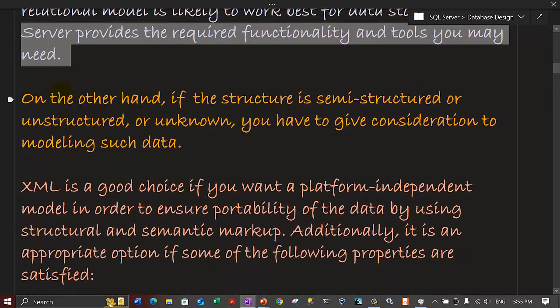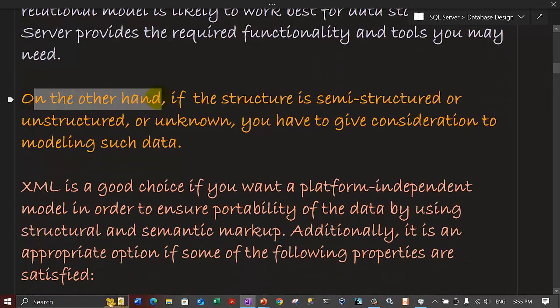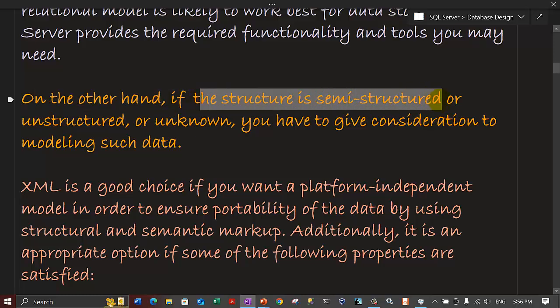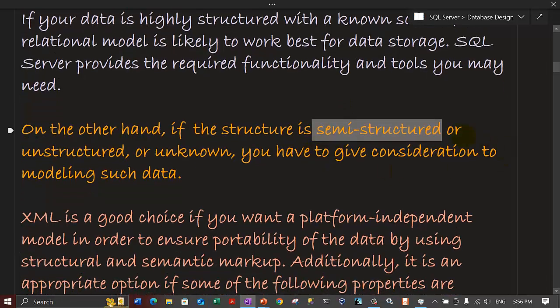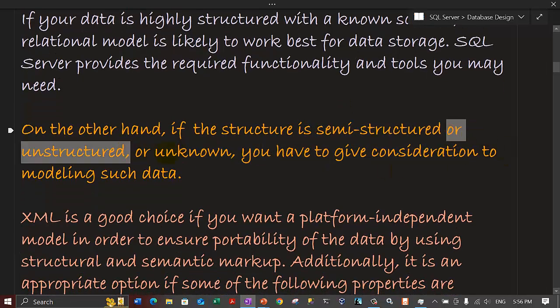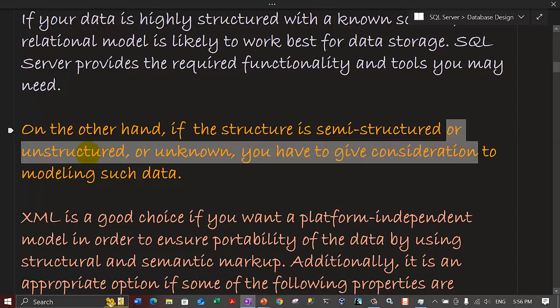Alright. And let's talk about the other situation where, on the other hand, the data is semi-structured. So earlier we were talking about the highly structured. Now we are talking about a situation where your data is semi-structured, or we can say unstructured or unknown, or we don't know the structure of the data. You have to give consideration to modeling such data.